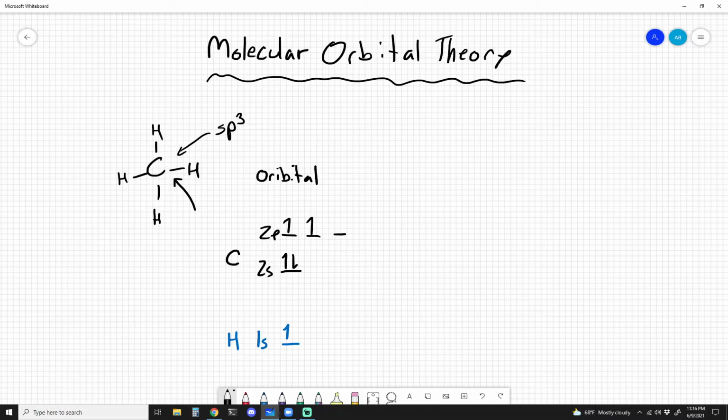We imagine that we need a total of 4 hybrid orbitals because we have 4 groups surrounding the carbon. We imagine that the 2s and the three 2p orbitals hybridize to form new hybrid orbitals that we call sp3. We'll use purple to show the hybridization here.